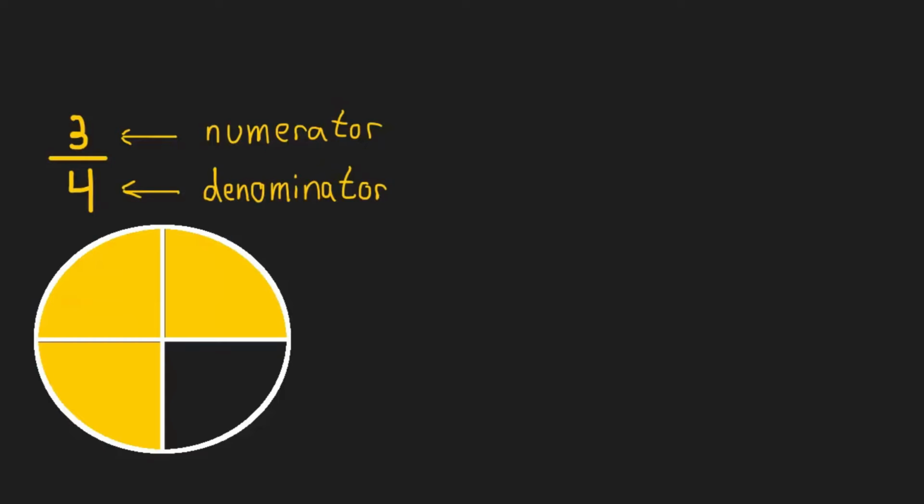Fair enough. Let's look at another example. What if we have now the fraction 1/3. Well, first of all, how many pieces are we going to cut this pie into?